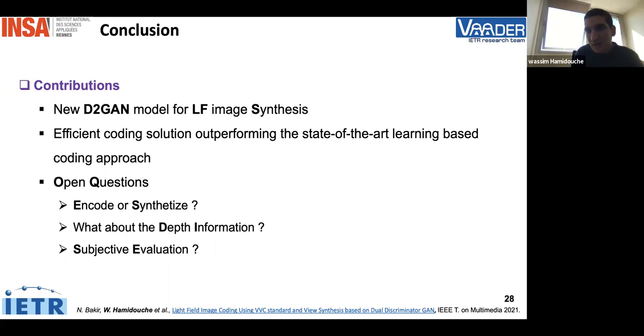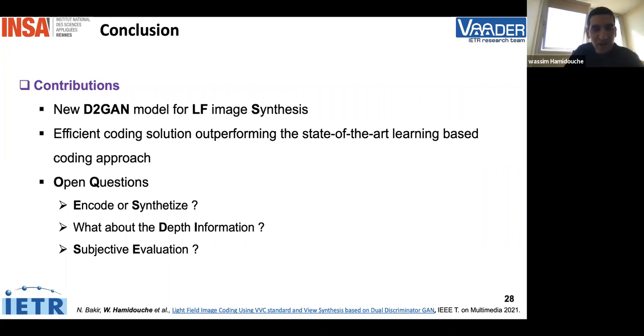And we also added a quality enhancement block at the decoder side that enables both to enhance the quality of the no reference views and also to reduce the variance in quality between the decoded views, which enhances the quality of experience of the light field image.